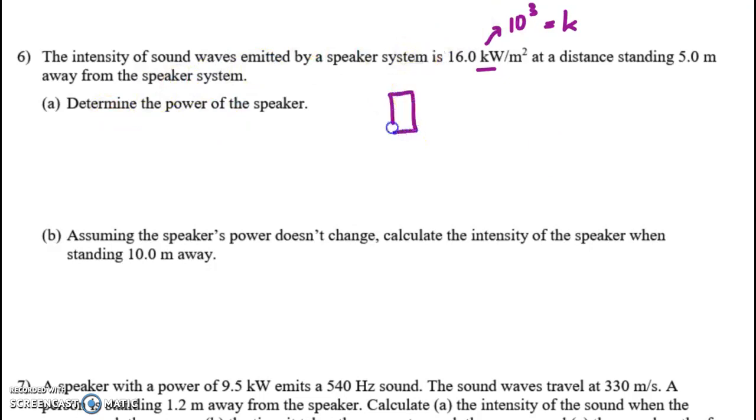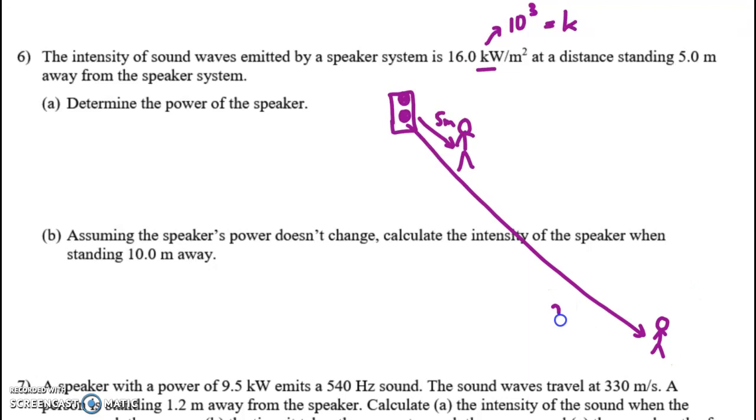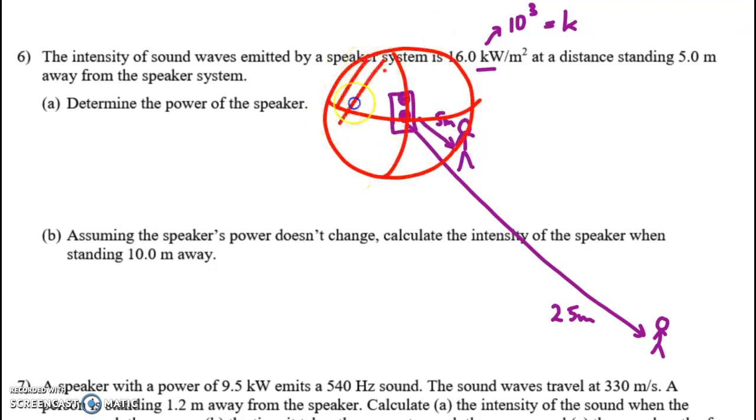It makes sense. Here's the speaker. Here's the person who is 5 meters away. And if there's another person who's like 25 meters away, the sound is way less intense for them. Because the sphere of the sound wave isn't so big here, so it's pretty dense.